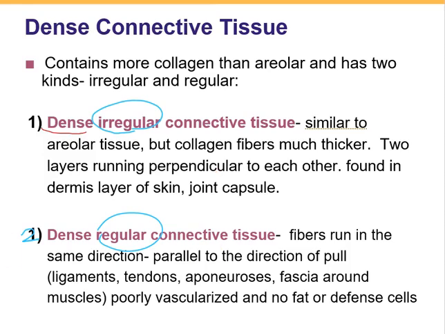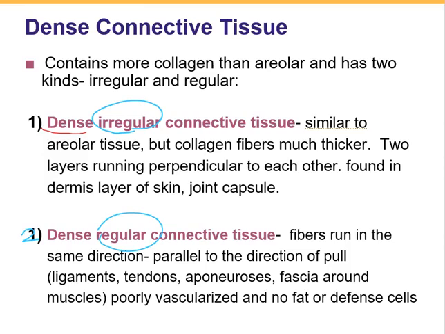So in summary, dense irregular connective tissue is important for providing strength, support, and protection to different structures in the body, particularly in areas where tension is applied from multiple directions. Its random arrangement of collagen fibers allows it to withstand forces from diverse angles, making it well suited for its functions in the body. Next, we have dense regular connective tissue.